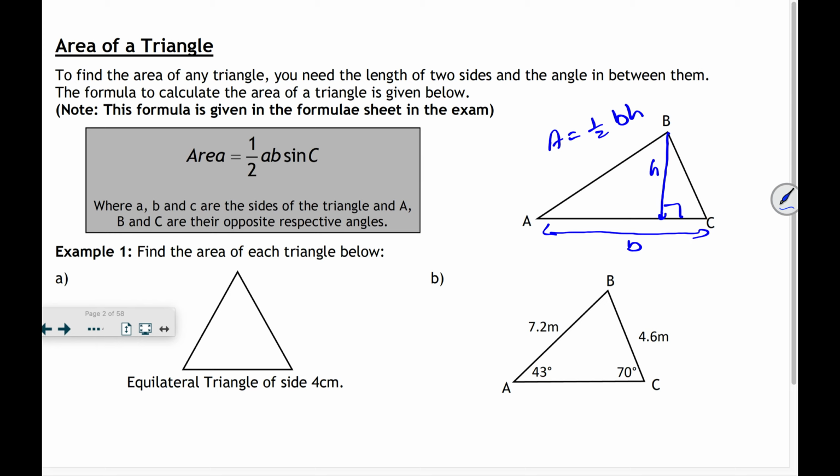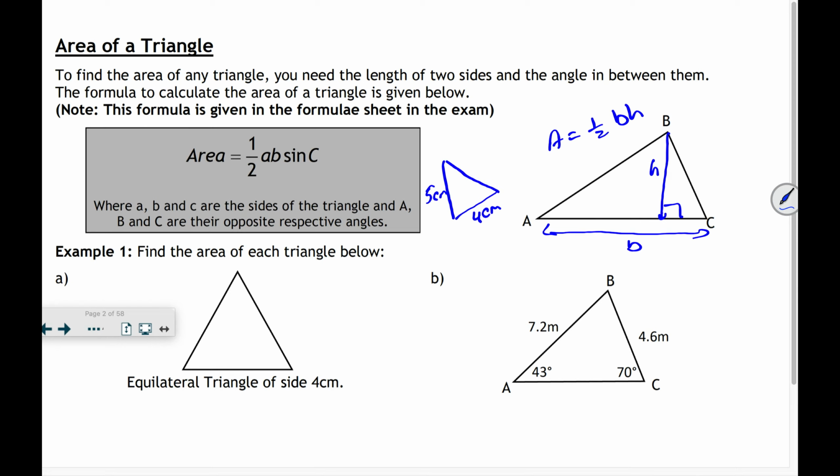Because when you have a triangle, if I have a length of a triangle, let's say it's 5 centimeters, and then at a certain angle I draw a line which is 4 centimeters, that will give me the length of another side.